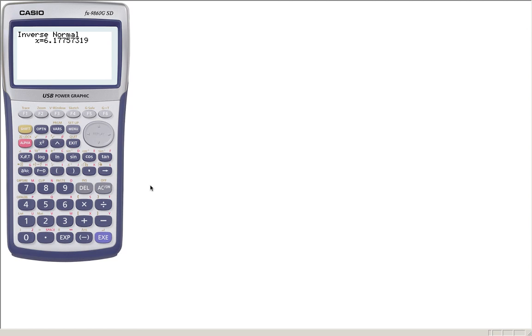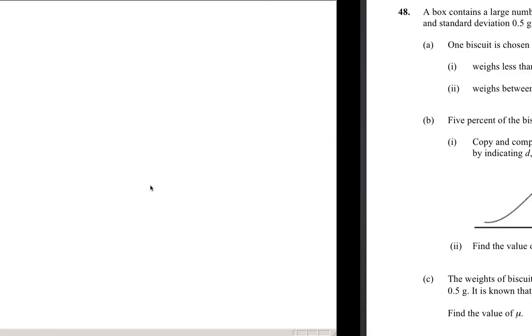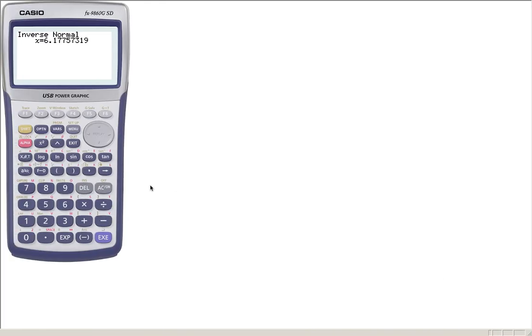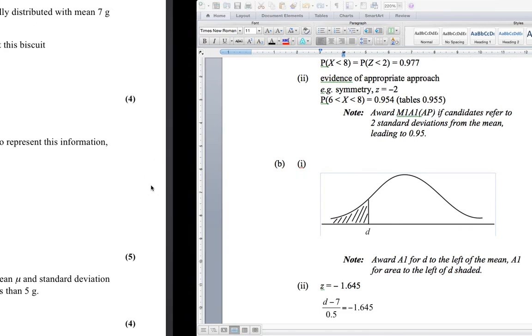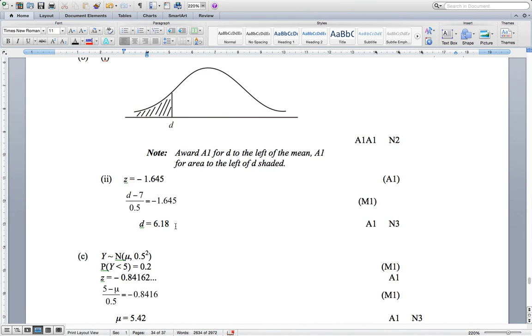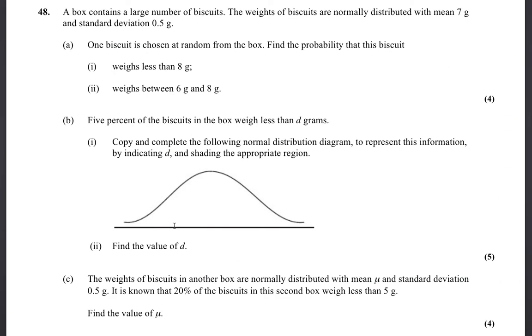So the value of d is 6.18. Let us check. Yeah, 6.18. That's correct. Fine.